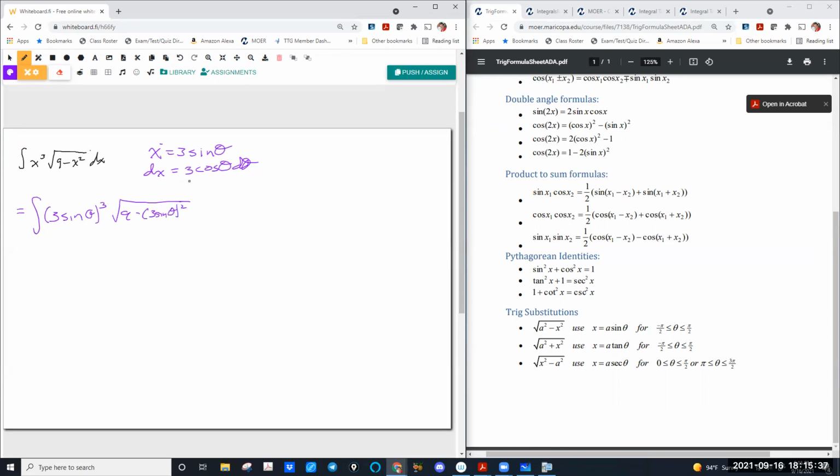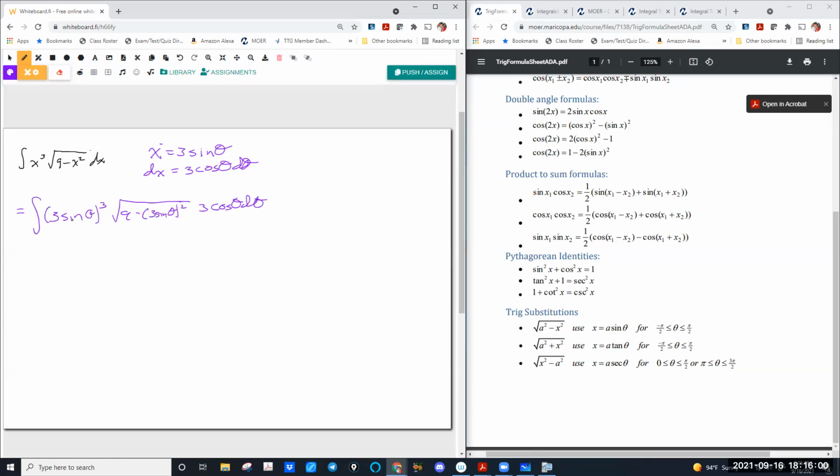And here's the part that most people forget. This is the most common error on trig sub, is forgetting to sub in the dx, which is a 3 cosine of theta d theta. We're going to do this one completely because there's something I absolutely got to show you at the end. The other ones we won't.